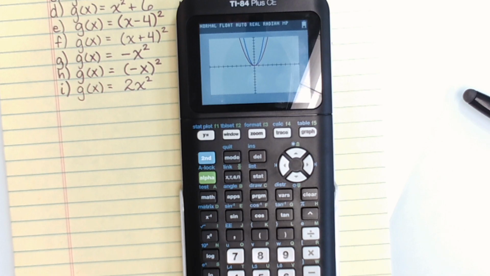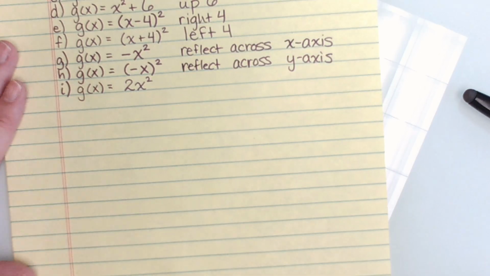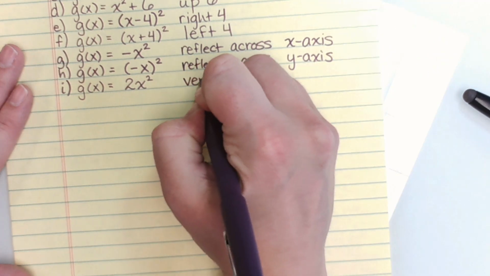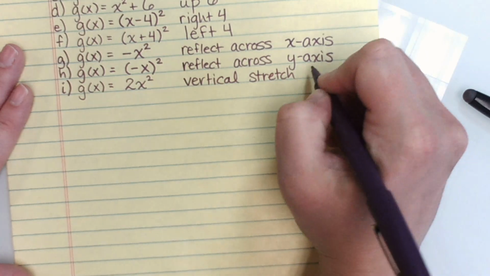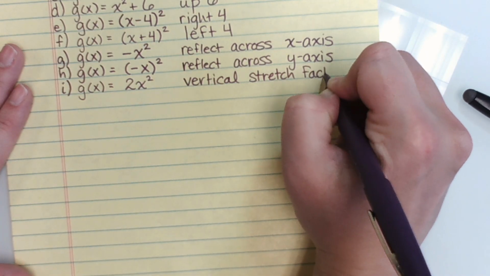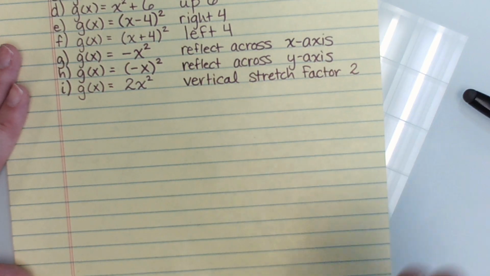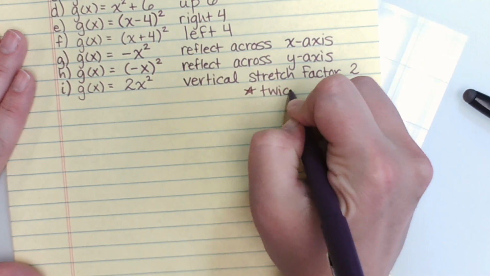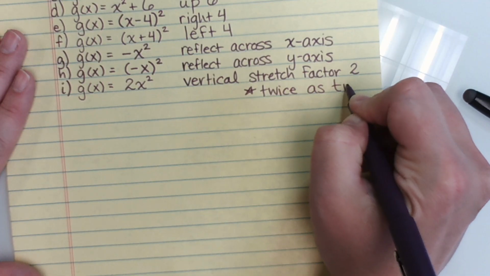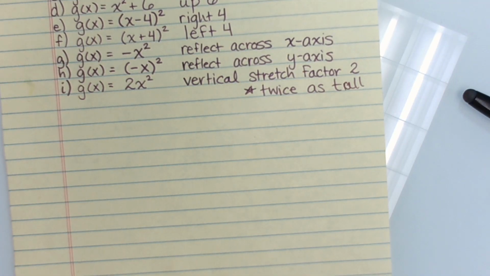And if I want it to go skinnier, I don't push down on it, I pull up. This is a vertical stretch, by a factor of 2. In other words, it is twice as tall. If that's easier for you to understand, you can write it that way too.